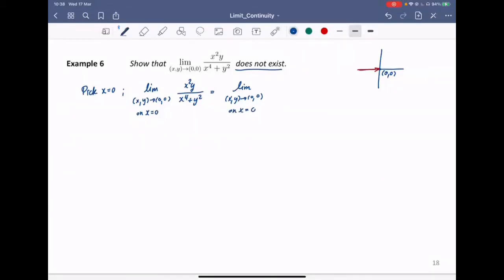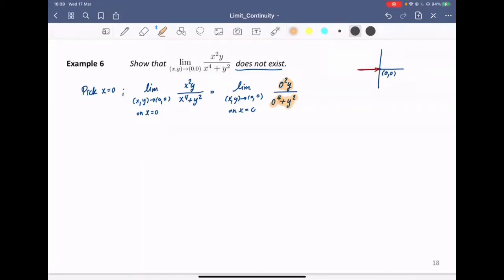So this is just plugging in the number 0: 0 squared times y over 0 to the 4th power plus y squared. So you can see that if I pick the line x equal to 0, on the top you're going to have 0 squared times y, which gives you 0. And in the denominator, you get 0 to the 4th power plus y squared, which gives you y squared.